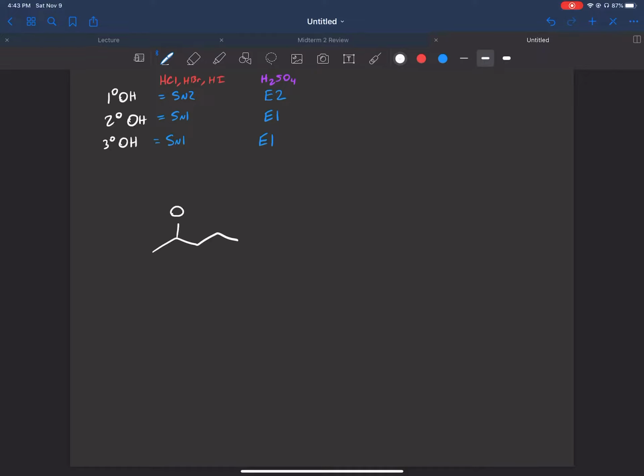So we have this alcohol right over here. Let's draw this right here. Now I wrote R because I'm saying this could be for the tosylate, mesylate, or a triflate. I'm not being specific right now. The mechanism is still the same. What happens is the oxygen attacks the sulfur. And what's going to happen is the O minus comes up, that carbonyl comes up.